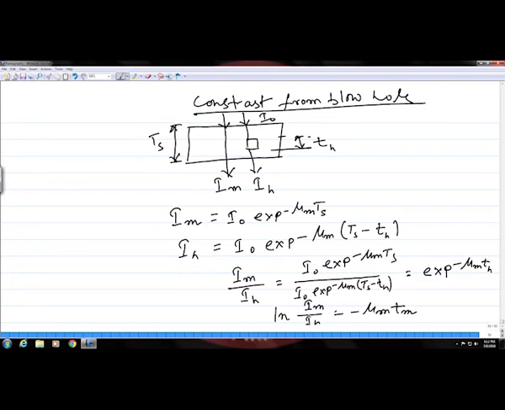Okay. And so, ln IH by Im is mu m Tm. Okay. So, the contrast from the blowhole in this case is again the same equation here.